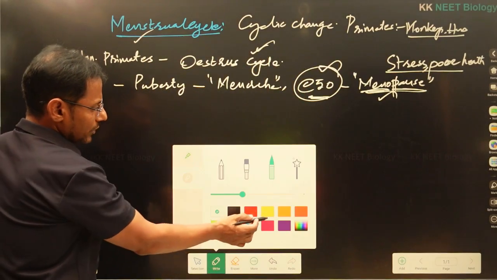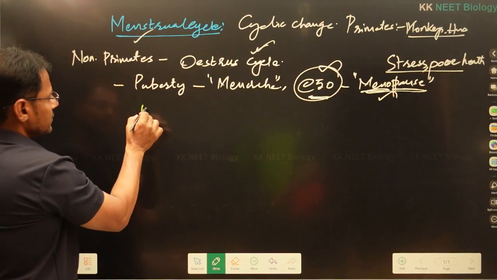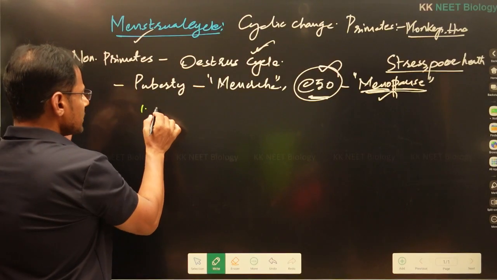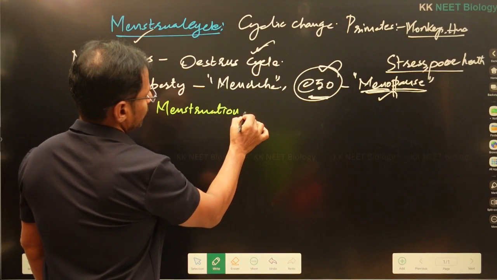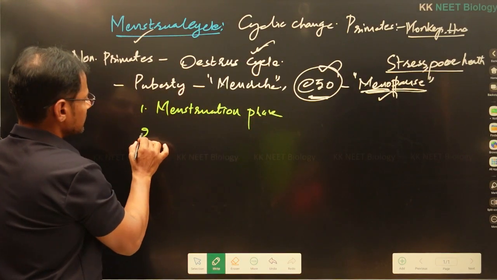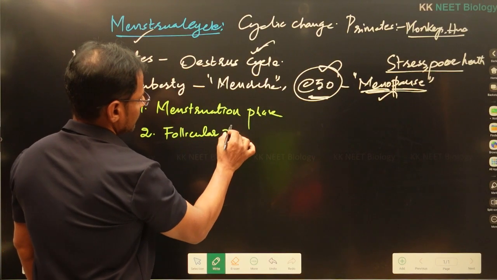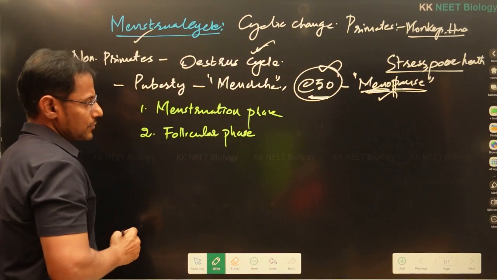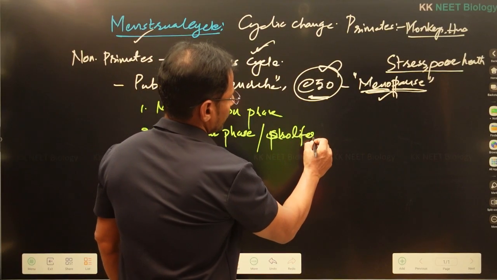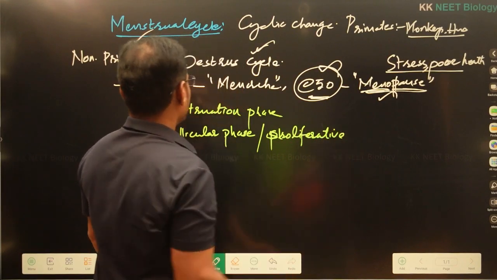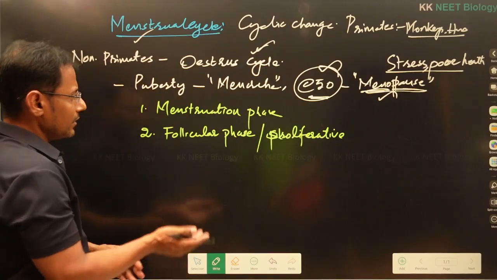Now we are going to divide this menstrual cycle into 4 stages. One is the menstruation phase, and the second one is the follicular phase, or else we can say the proliferative phase, right? For our convenience, we are going to divide this menstrual cycle into different stages.